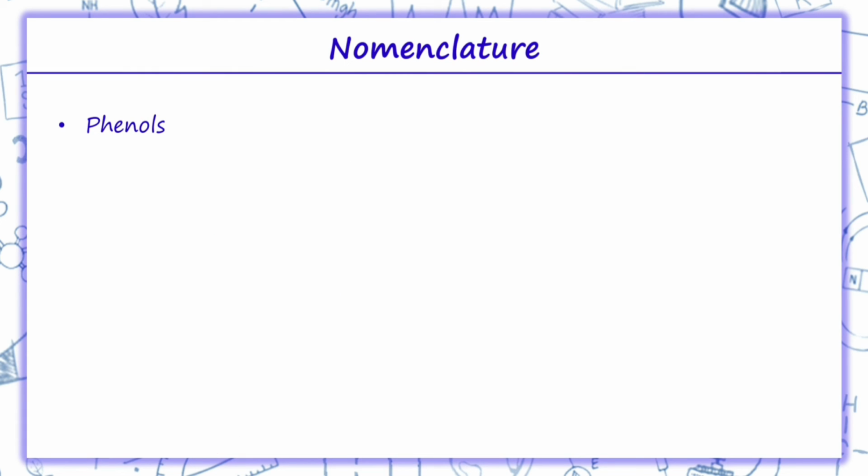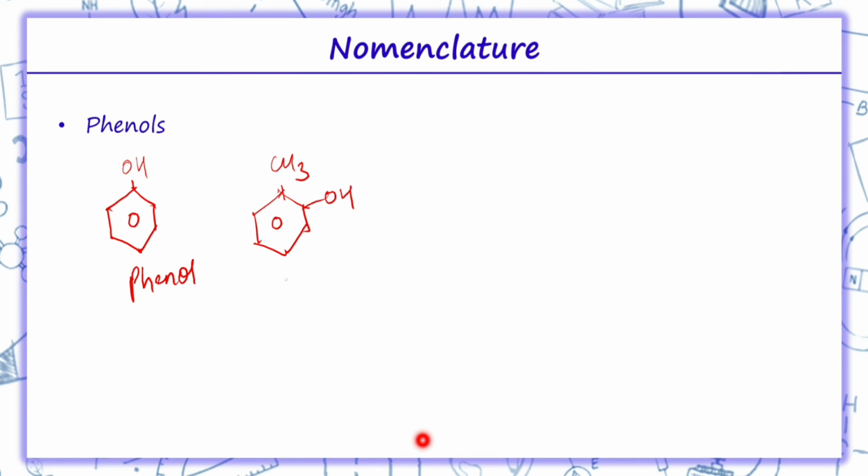Coming on to the nomenclature of phenols. In phenols, when only one OH group is attached, this is known as phenol. Now when we have groups like this, CH3 and here OH, we can call it orthocresol, or we can say 2-methylphenol.